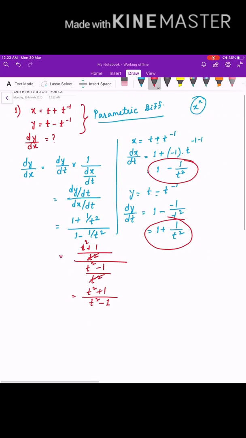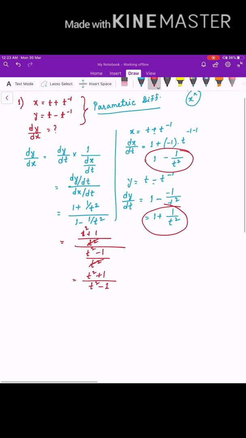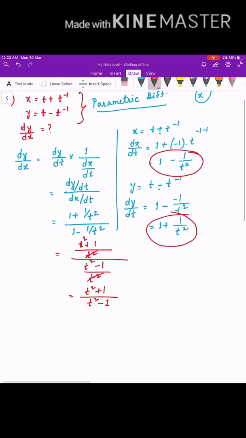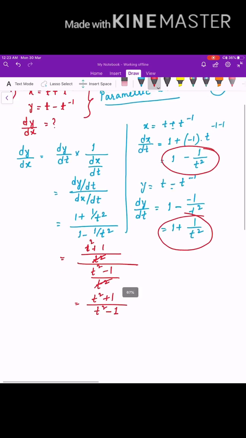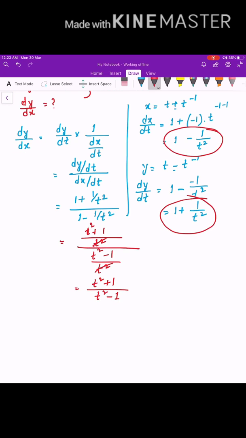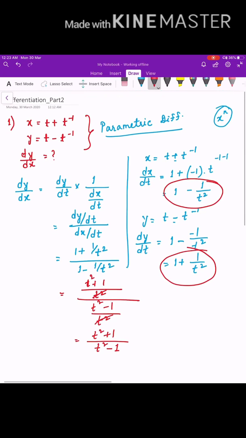Now the second question. Now let me make this question a little more interesting. If I add the condition, find the value of dy by dx for t equals 2.